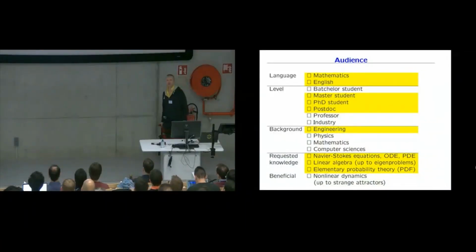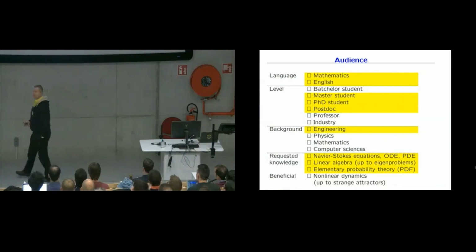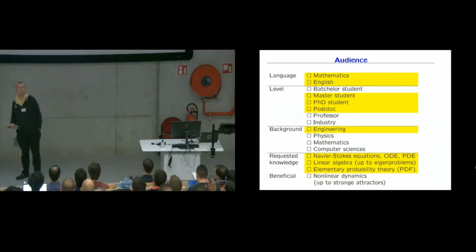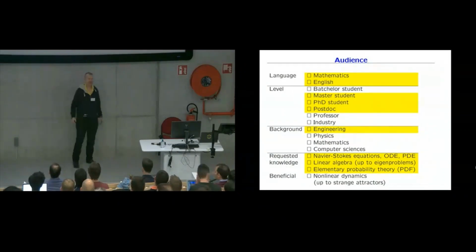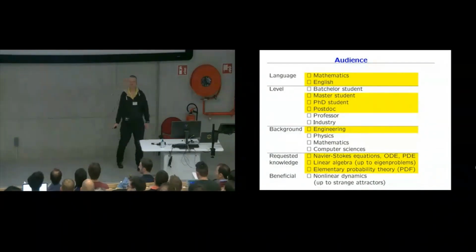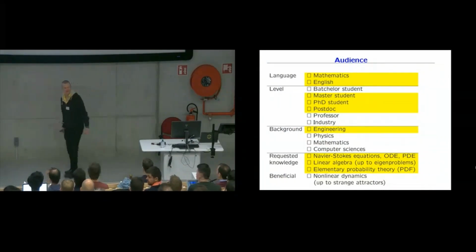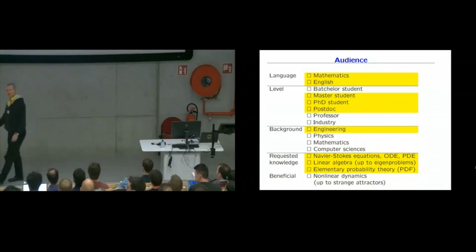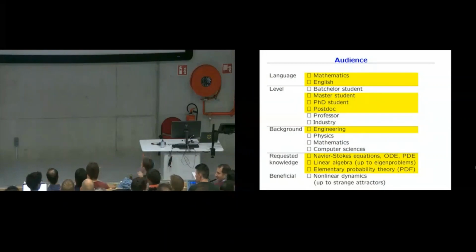And first, I would like to know you a bit better. So the language is mathematics and English, clear. Who of you is a bachelor student? Wow, 1, 2. Who is a master student? 2, 3. So it looks like 3, and maybe a couple of timid ones. Who is a PhD student? Okay, the majority, this is what I guessed. Postdocs.